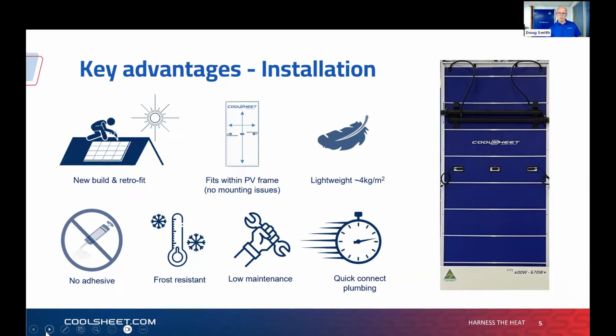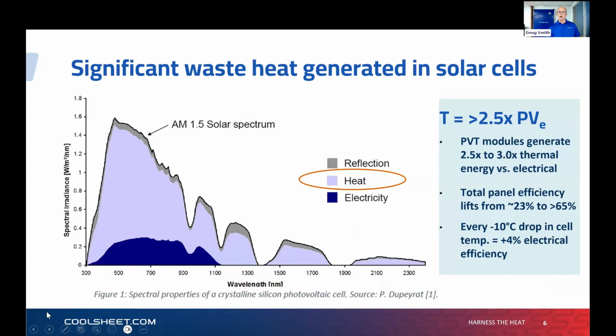We'll get questions. How does it actually work? I think this is a useful graph. Interested in feedback. Of course, we all know solar panels convert sunlight into electricity. But actually, this shows the level of energy from the sun that's falling on a silicon solar cell. By far, the bulk of it is actually creating heat.